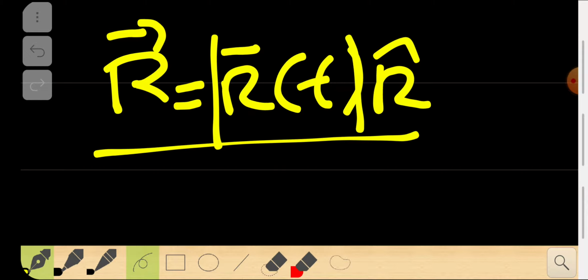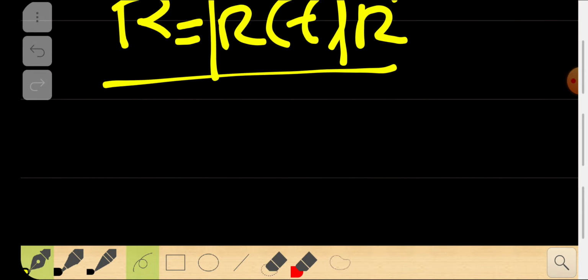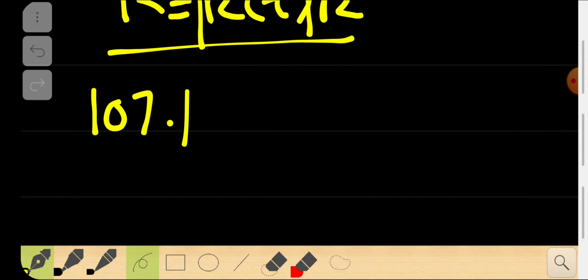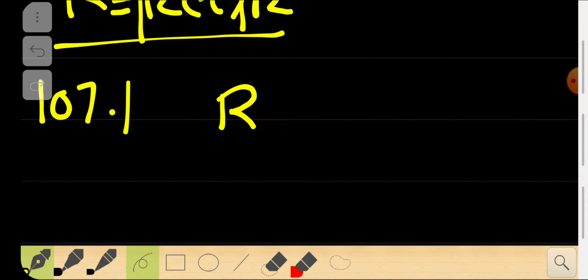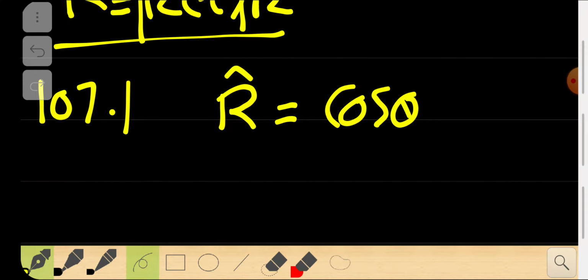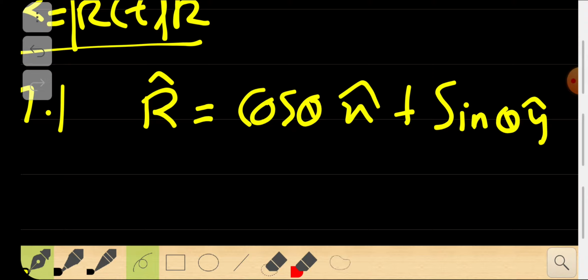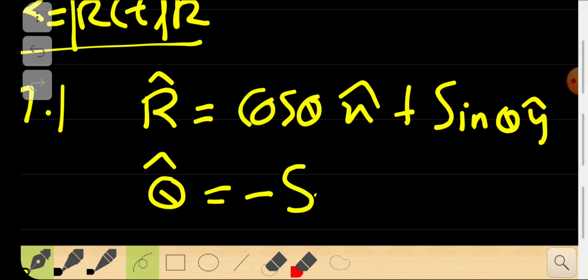This is the magnitude. And in the first lecture of this section, which is 107.1, we formulated some of the things. Initially, r cap can be written as cos theta in the x cap direction, and we are going to use this here. That's why I am mentioning it again. Don't be confused, I'm not repeating it again and again, but we need to use it right now.